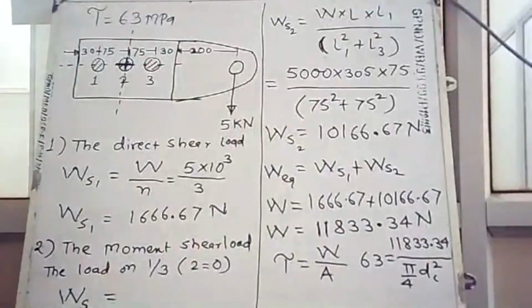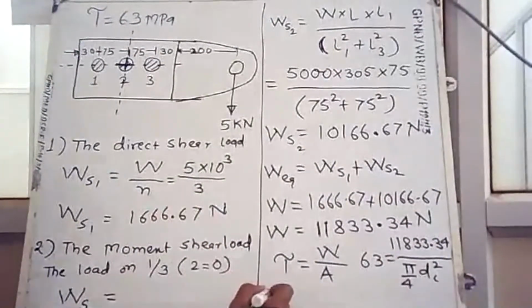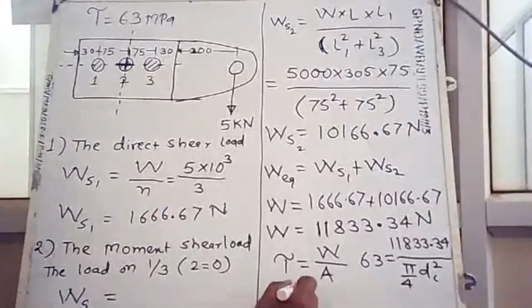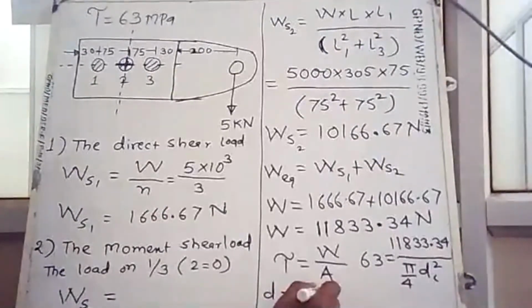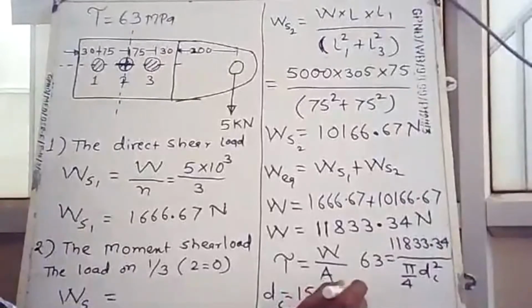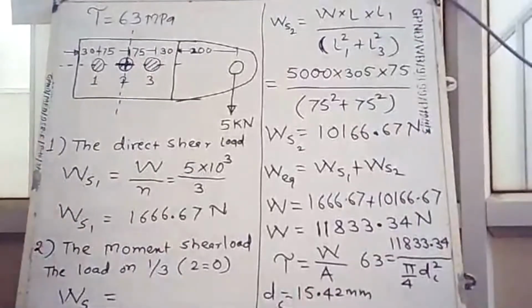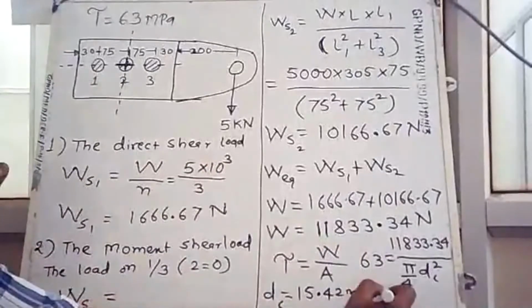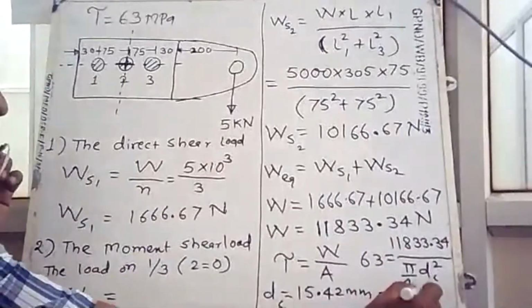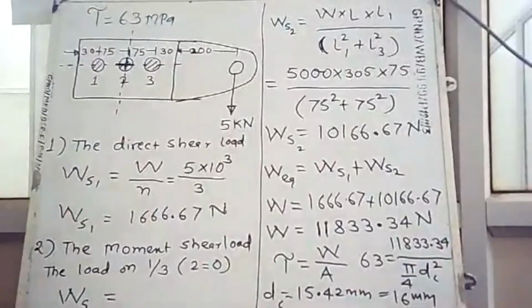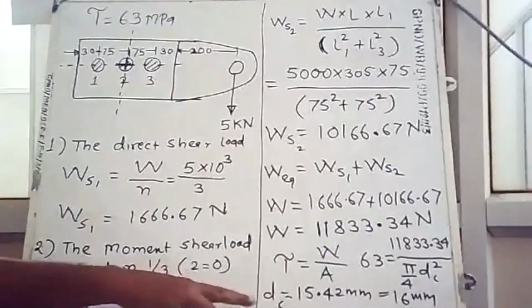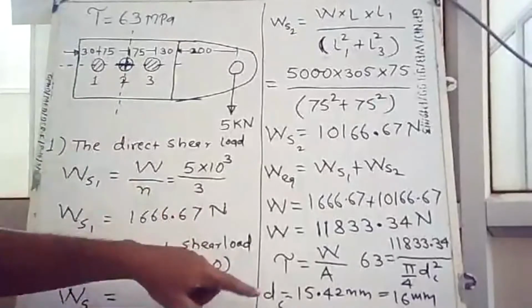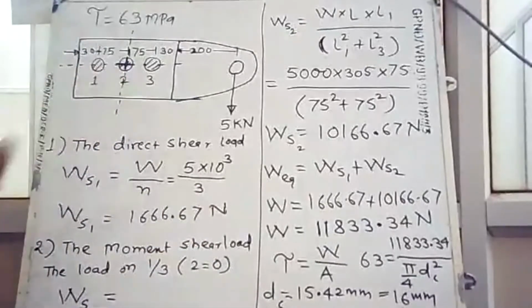From this the core diameter dc which will come out is 15.42 mm. So we can take it as 16 mm, and this is the same bolt diameter that we can take for first, second, and third.